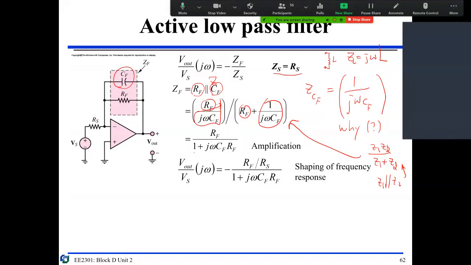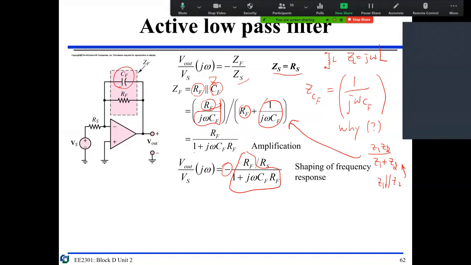So you're going to see that V out minus V. So this minus sign is still here. So this is ZF, this is my ZF, divided by RS, okay? So that's why we have this one.